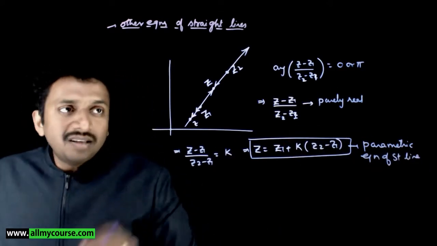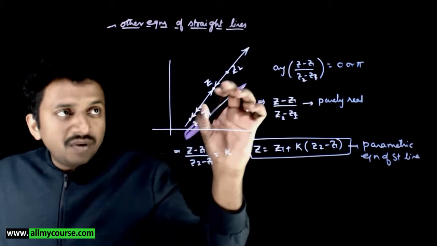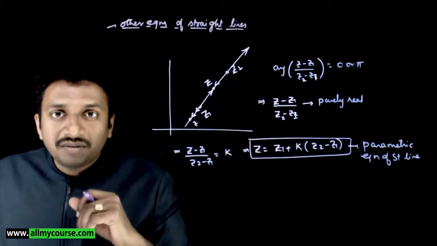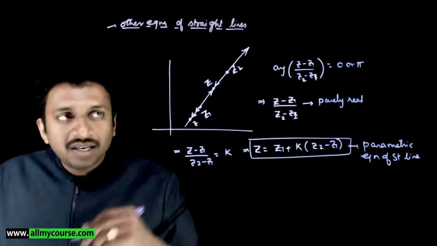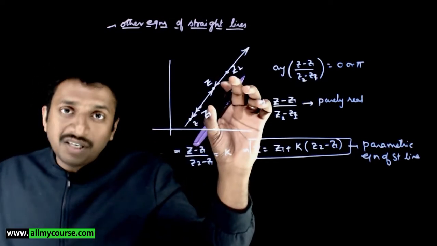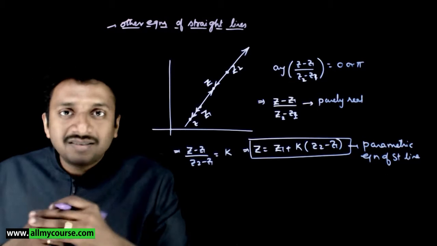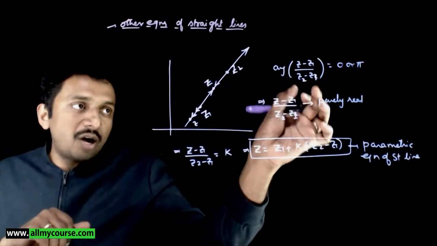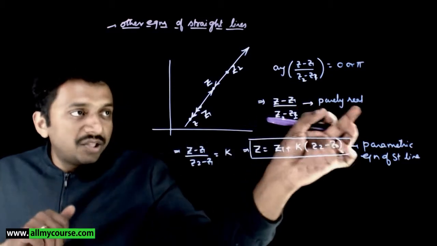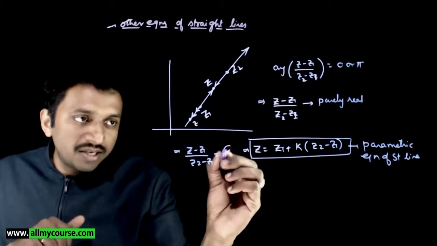So what did we see? Argument of z minus z1 and argument of z2 minus z1. If you take any point z on this line, the argument of z minus z1 and the argument of z2 minus z1 will be either same or they will be exactly different by 180 degrees. That means this complex number is purely real. So I can assume this as a real constant k.